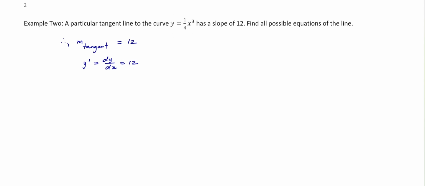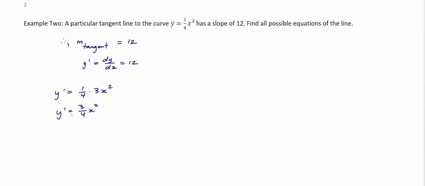So if I take this first derivative, y prime is equal to 1 over 4, I bring the 3 down, and then I subtract the exponent by 1. So my y prime, or dy/dx, is equal to 3 over 4 x squared.